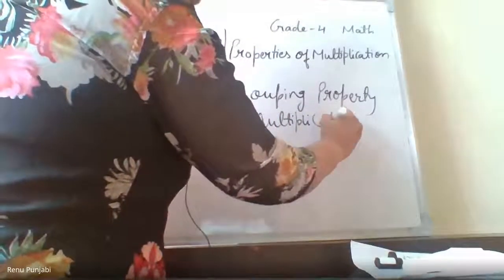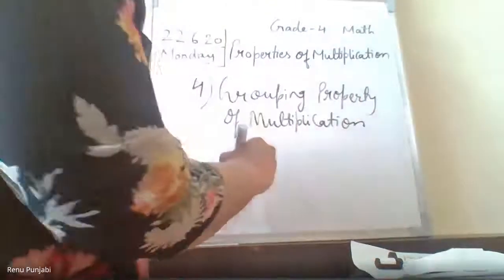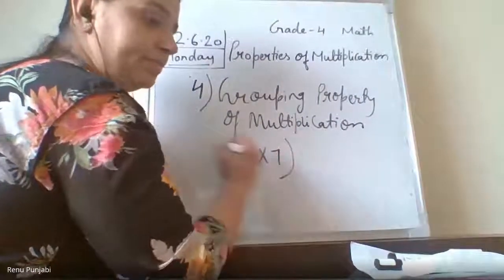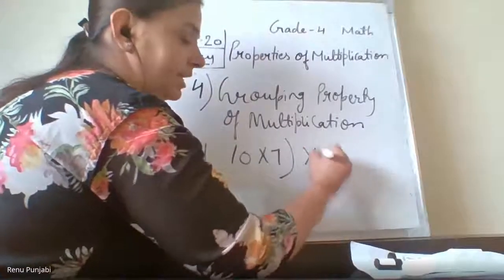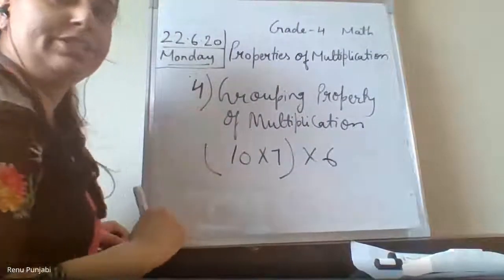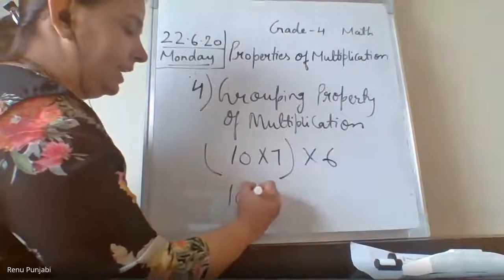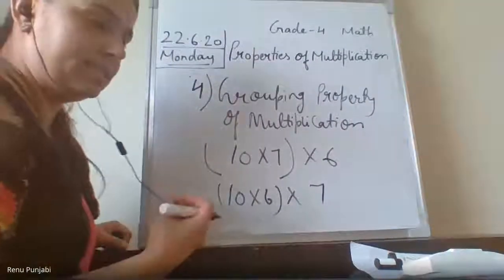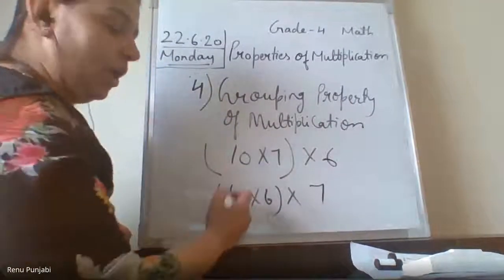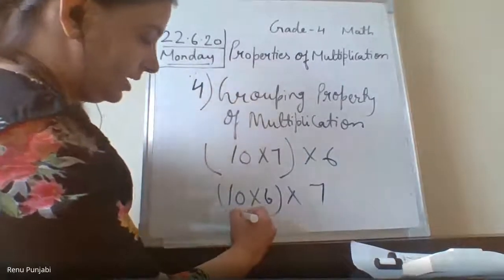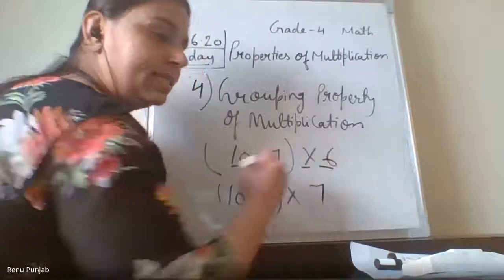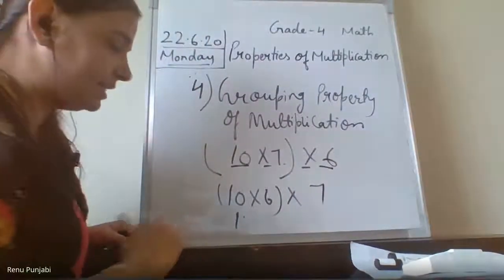In grouping property of multiplication, suppose you have a group 10 multiplied by 7 multiplied by 6. If you want to change the group, first you multiply 10 multiplied by 6 multiplied by 7, then also the answer will be the same. Or you do 10 multiplied by 7 multiplied by 6, then also the answer will be the same.